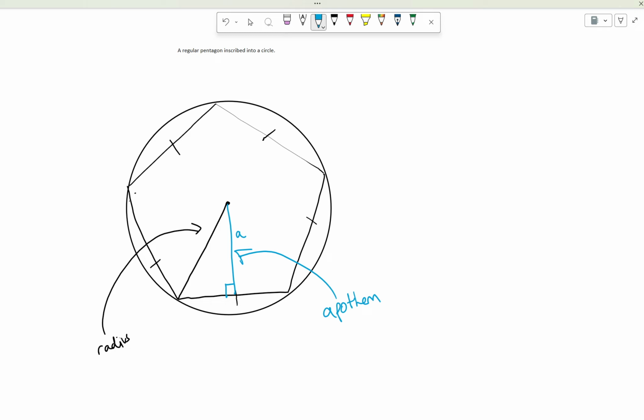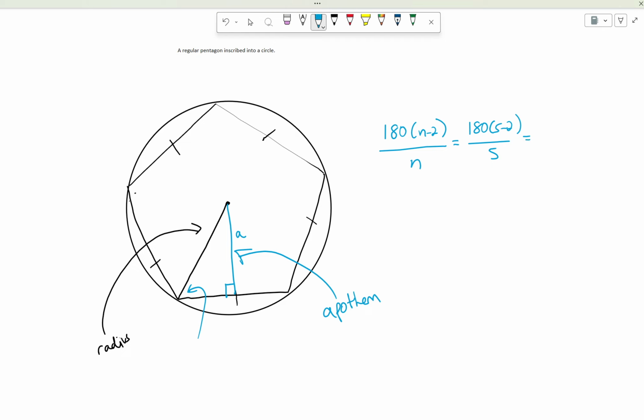A few other things. When we have these angles here, and this is where we're going to do a little foreshadowing, can we figure out what these angle measurements are? Well, this is a regular pentagon, correct? So we can take 180 times the number of sides minus 2 and divide by the number of sides to figure out each interior angle measure, which is 180 times 5 minus 2, all over 5.